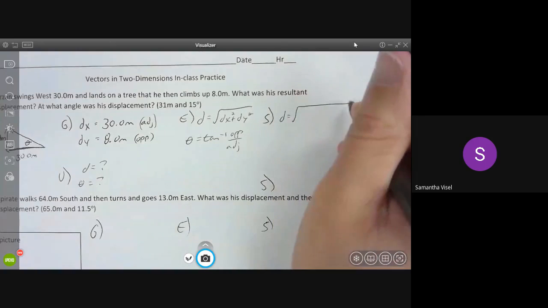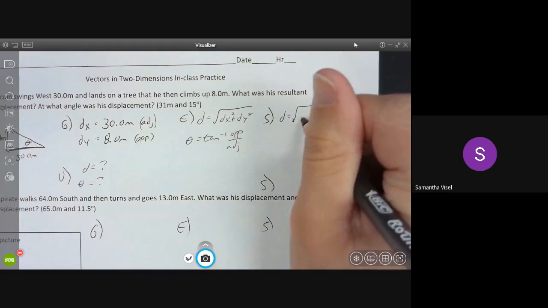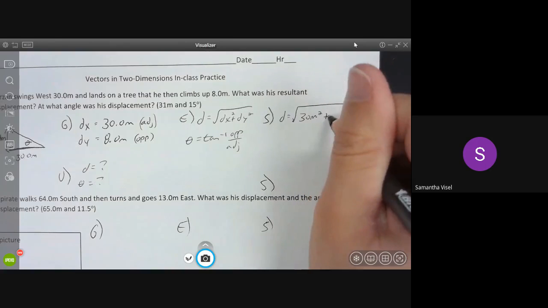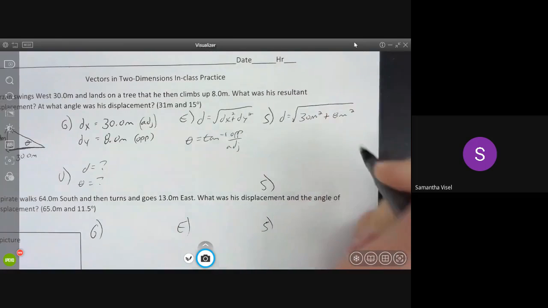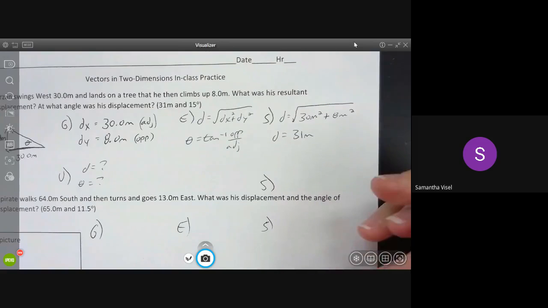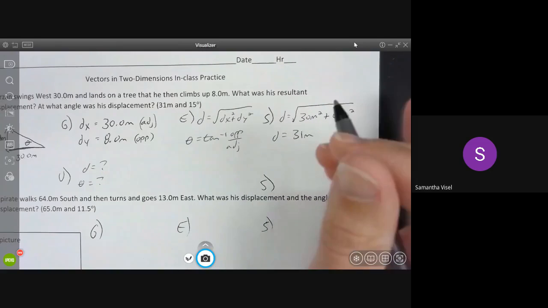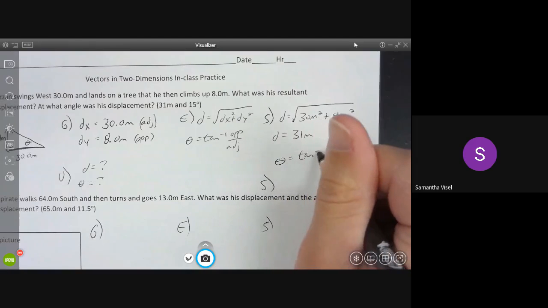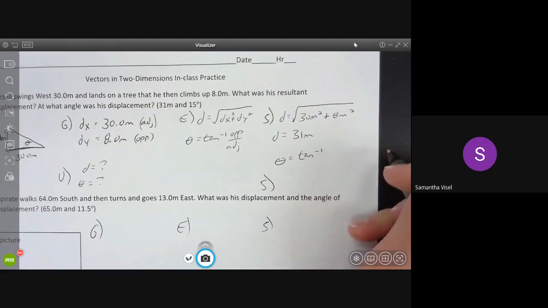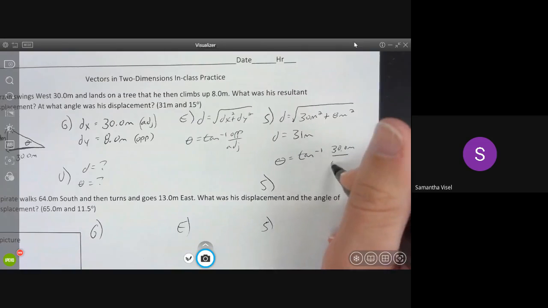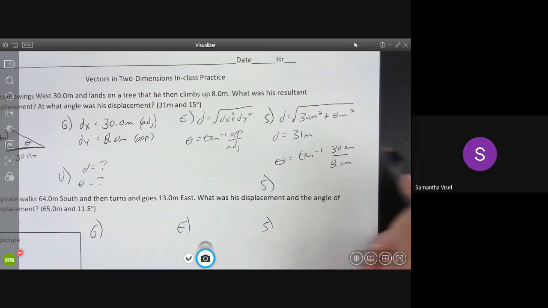So we're going to go ahead and sub this in. 30 meters squared plus 8 meters squared. We should get 31 meters after solving for that. And then for theta, the inverse tan of the opposite over the adjacent leg. So 8.0 meters over 30 meters.